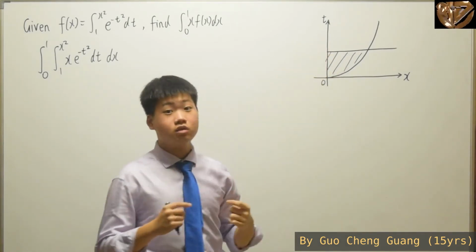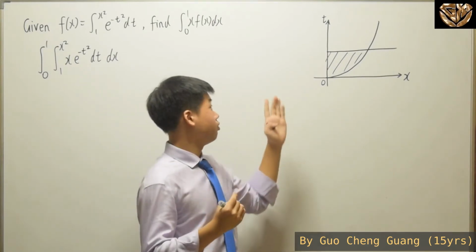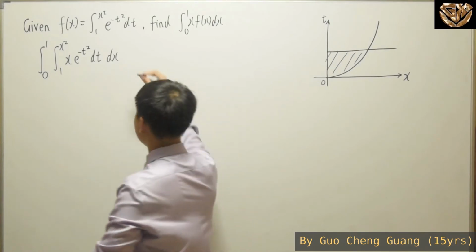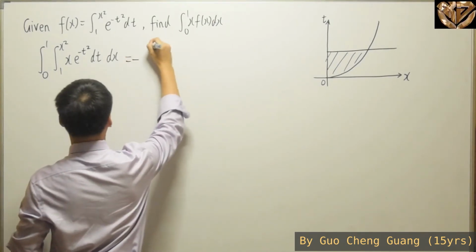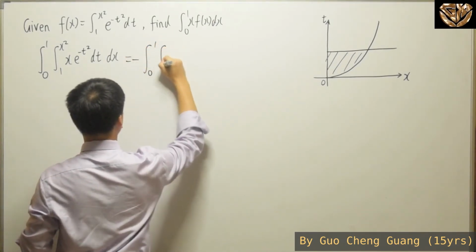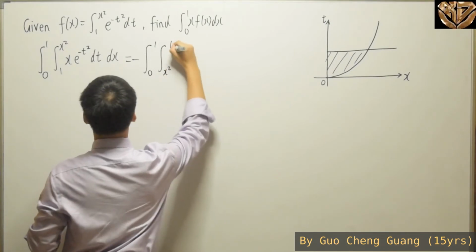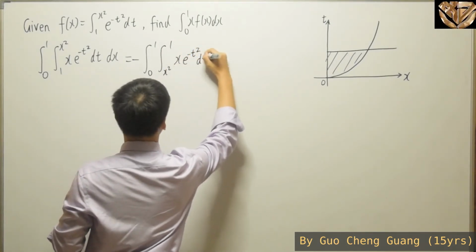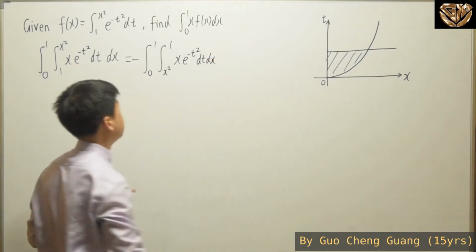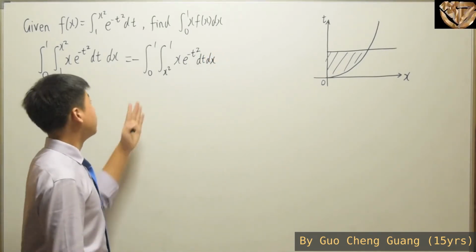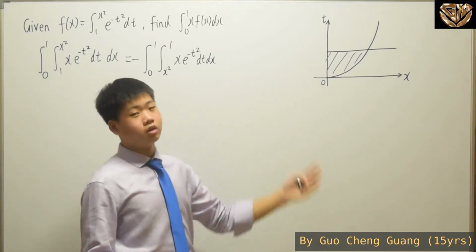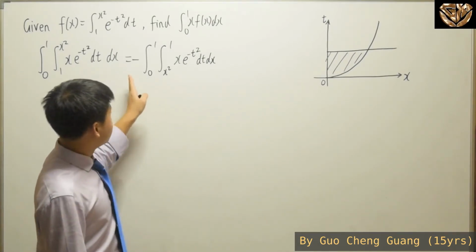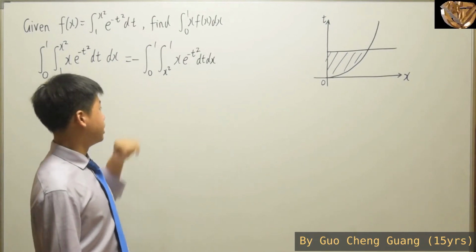But since it's negative, when you want to change it into the correct positive direction, you would have to use another negative. Right, so this is what we're going to see. Now this is what you could be more familiar with.